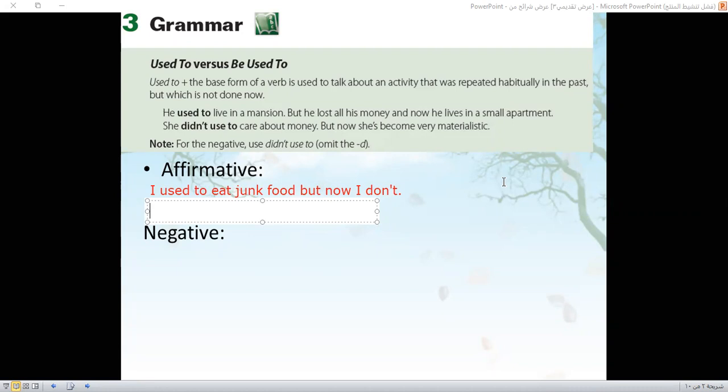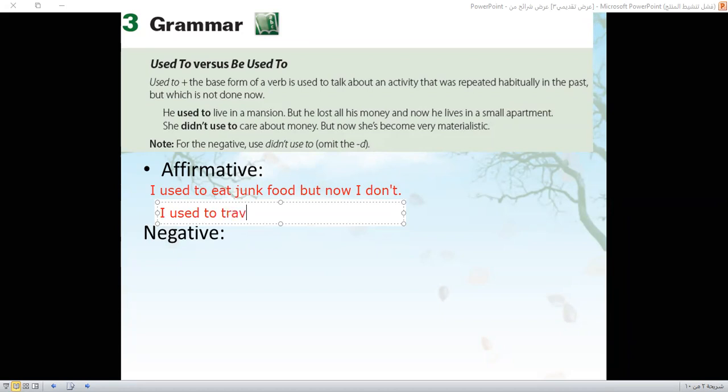Yes. Can you please give me an example using used to? What do you think? I used to travel in summer. Very good. So can you complete the sentence? I used to travel.